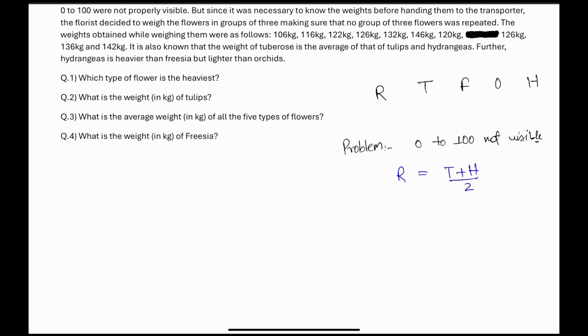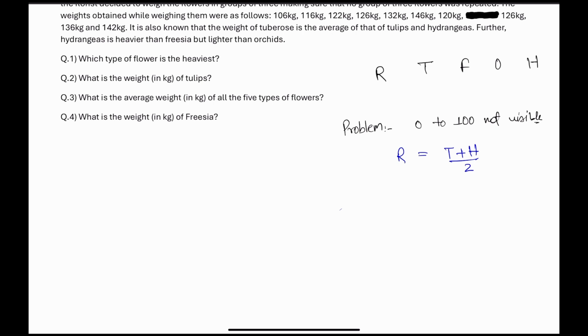Great. Further, hydrangea is heavier than freesia, but lighter than orchids. So orchids is heavier, right?